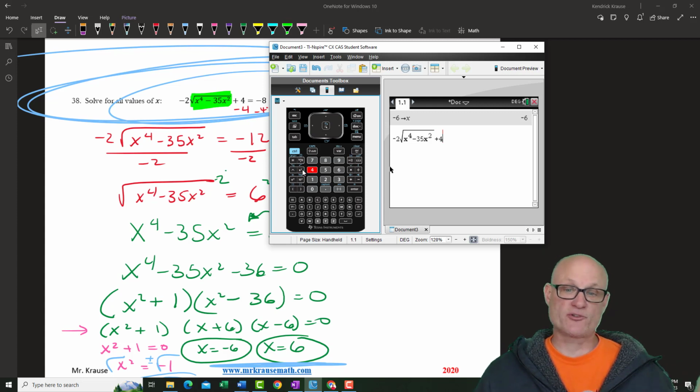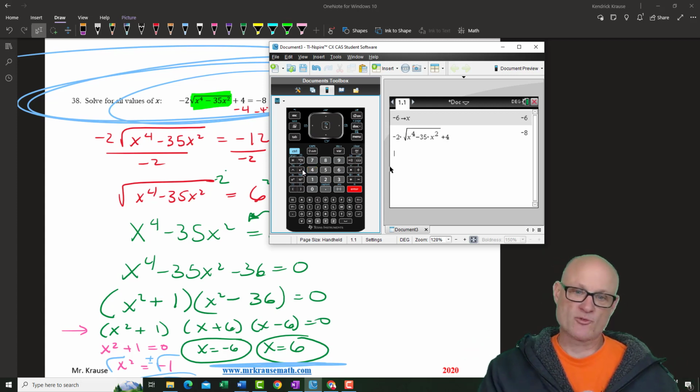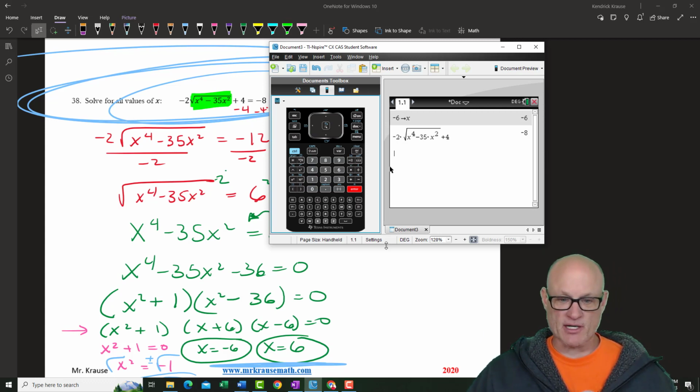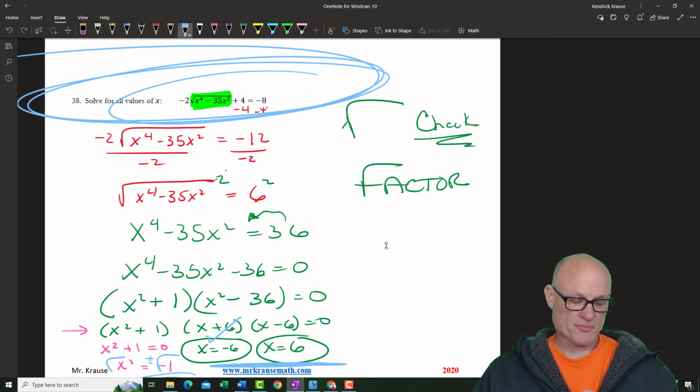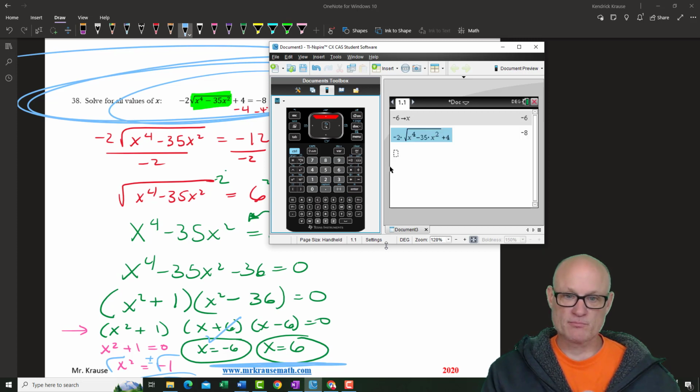Now, if this works, it should be equal to negative 8. I'm hoping it is. Boom. So I know negative 6 works. So this checked. Now let me check positive 6. Positive 6 should be equal to negative 8. Negative 8. Positive 6 works.